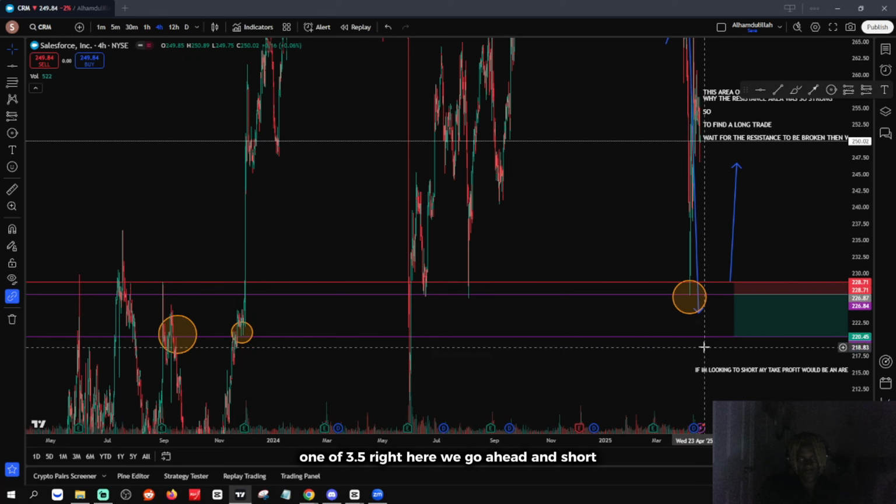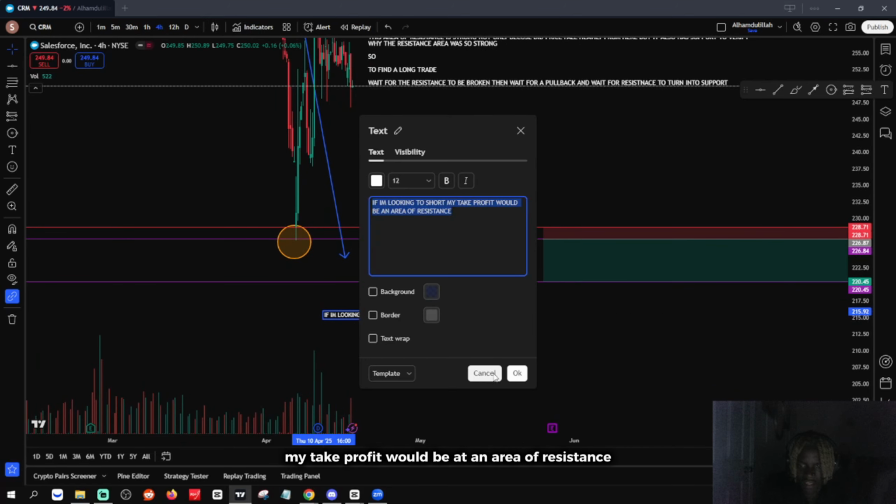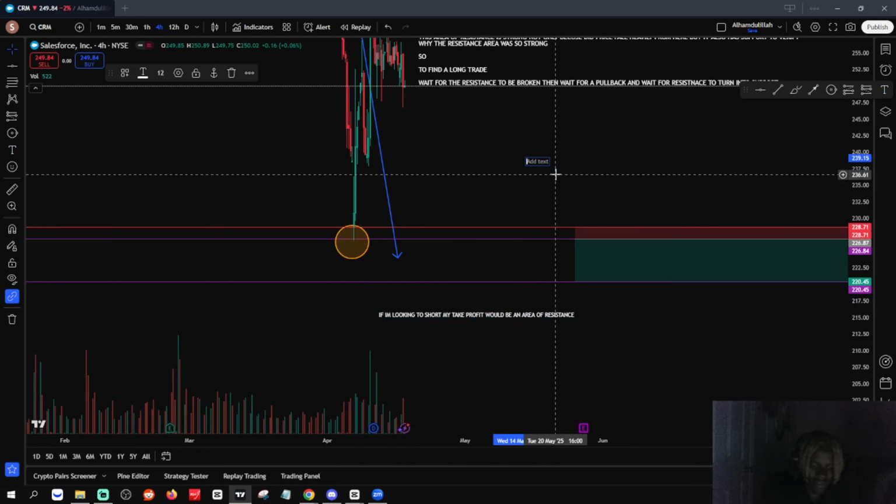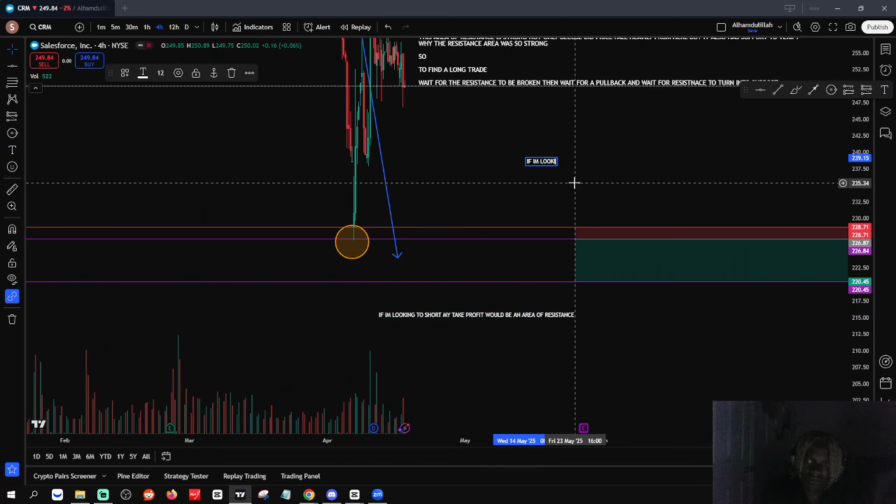We go ahead and short, wait for this area of support right here to be broken, right? So if I'm looking to short, my take profit would be at an area of resistance. I'm waiting for an area of support to be broken.